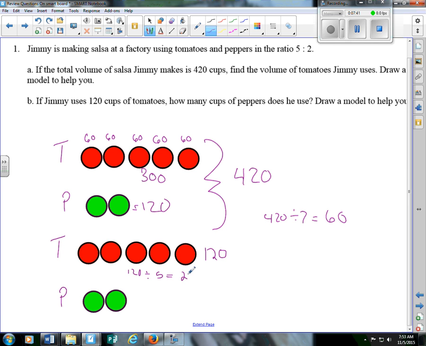So we know that each one of those bubbles is worth 24. So we have 1 bubble, 2 bubbles, so that would be 48 if every one of them is worth 24. So again, we'd have 48 cups of peppers.